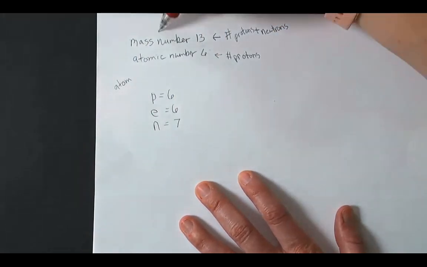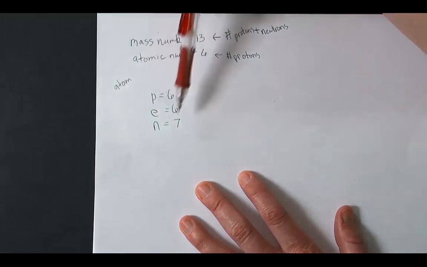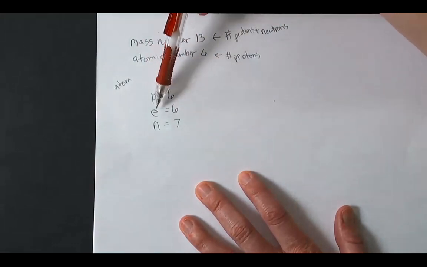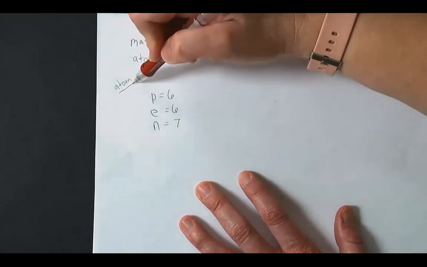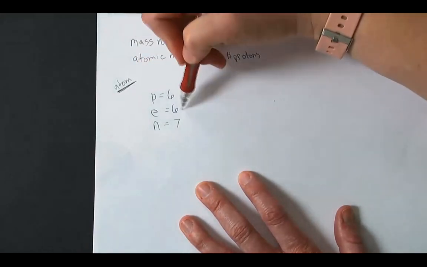So if you're given the mass number and the atomic number, you can figure out the number of protons, electrons, and neutrons from just those two values. But remember, this is for an atom, so our protons and electrons are the same.